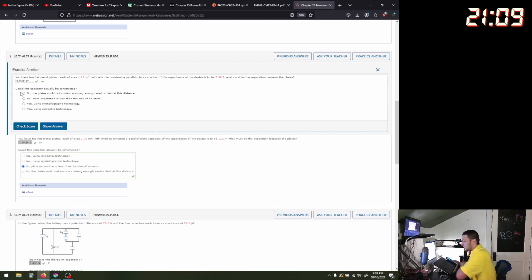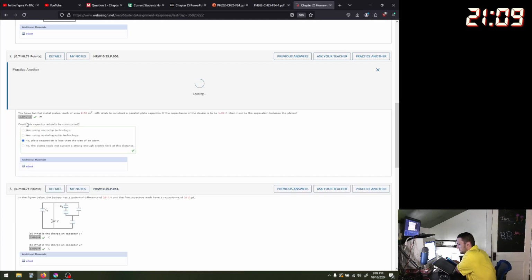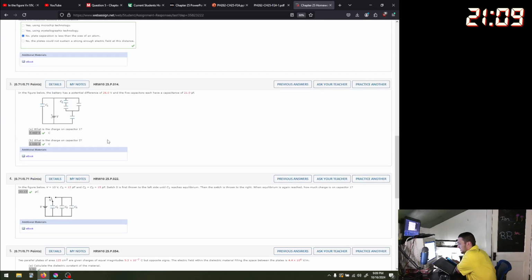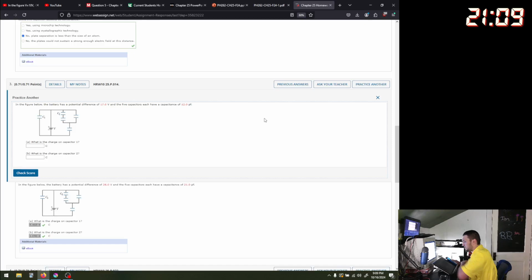Yep. And then could this capacitor be constructed? It would be no, the plate separation is less than the size of an atom. Okay, on to the next one.